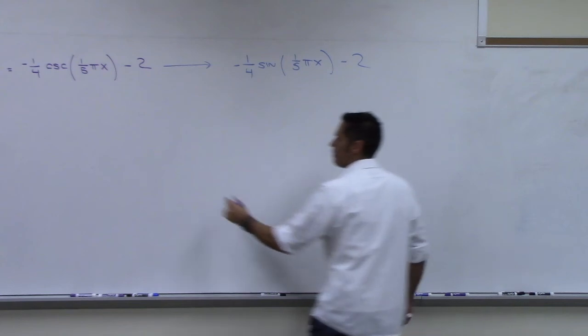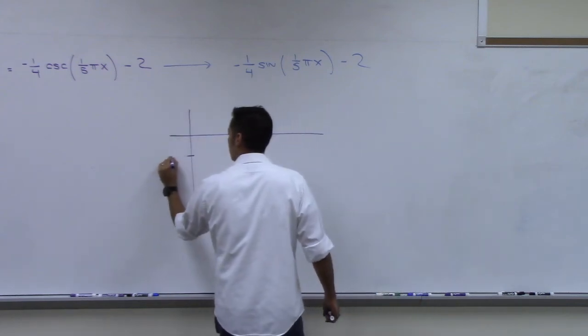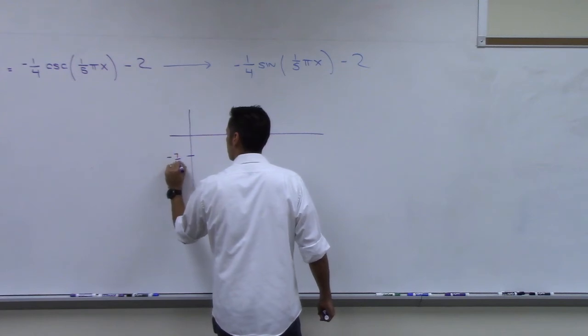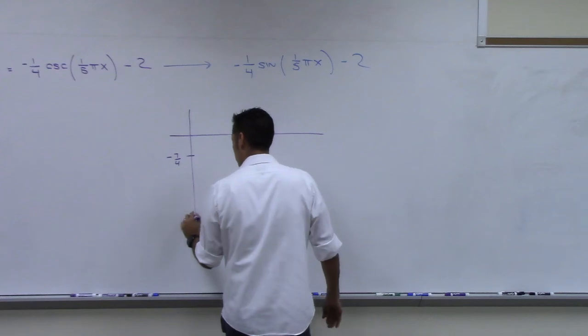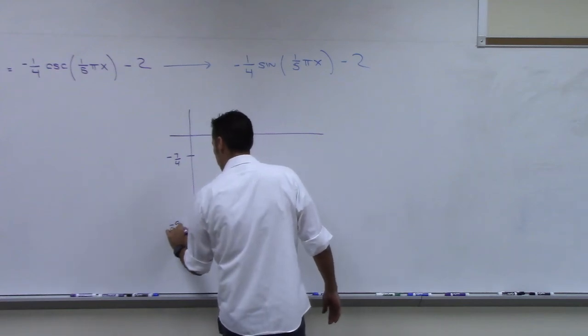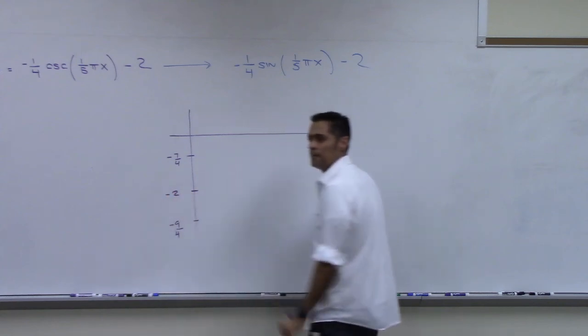Okay, so I'm going to just slap it up here real quick, if I can remember all the details of it. We had -7/4. No. Was that it? Yeah. -9/4 down here. And then -2 here, right?